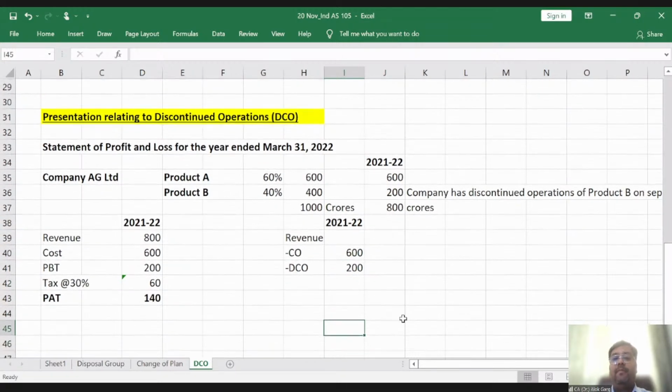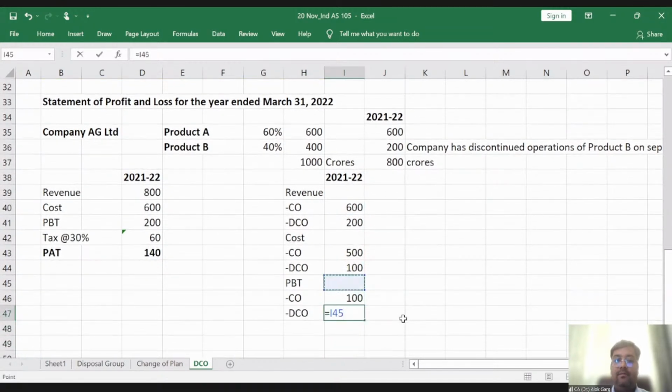Right? Then they have also shown the cost. The cost from continuing operation is, let's say, 500 crores, and the cost from discontinuing operation is 100 crores. Then your PBT: 600 minus 500, and 200 minus 100.